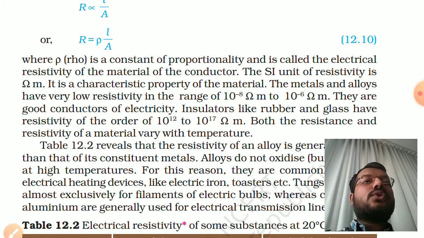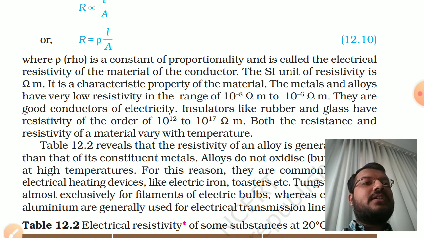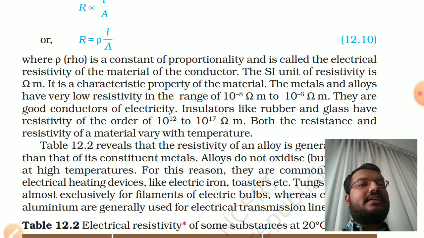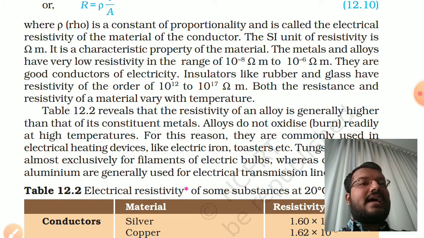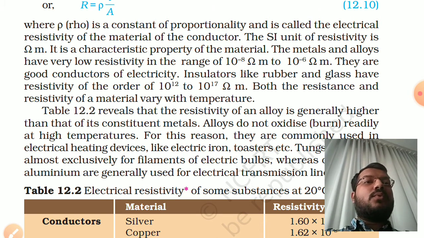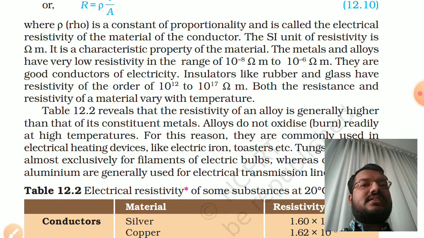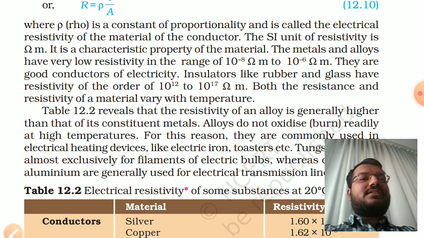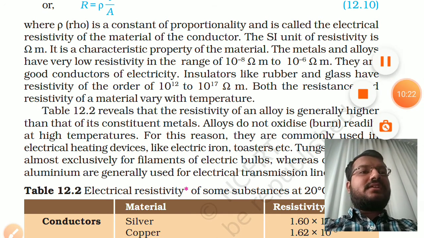So they are good conductors of electricity, whose resistivity is low. Insulators like rubber and glass have resistivity of the order of 10 raised to 12 to 10 raised to 17 ohm meter. Both the resistance and the resistivity of a material vary with temperature.